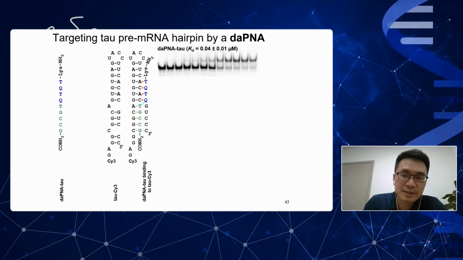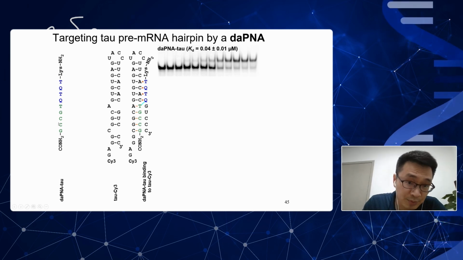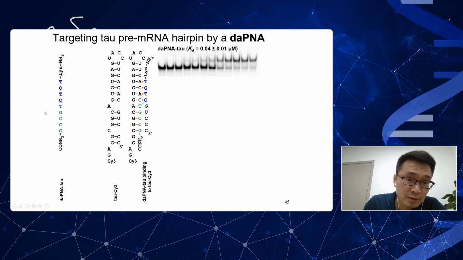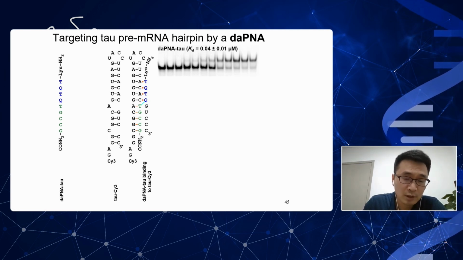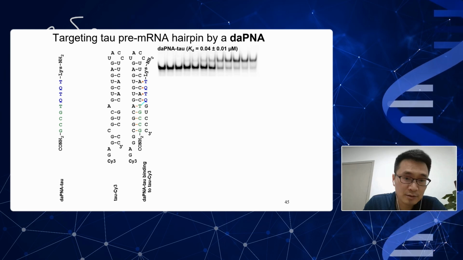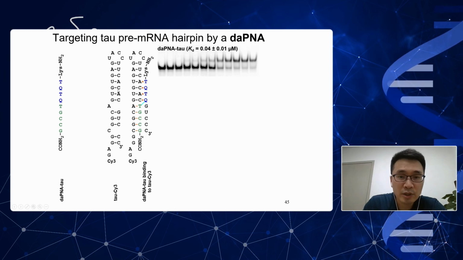We first tested a simple hairpin again. You can see here one PNA strand with a blue color for the dbPNA region and green color for the antisense region. This DAPNA can recognize this hairpin found in tau mRNA.